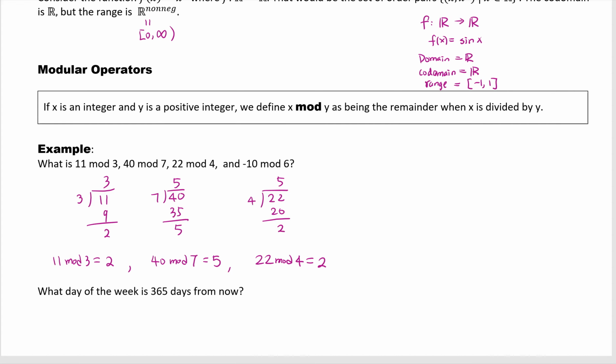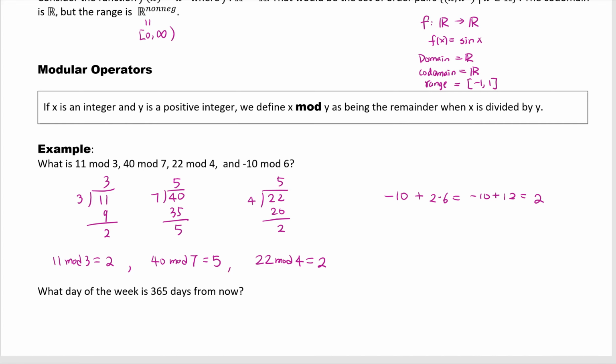And then how about negative 10 mod 6? Well, if it's a negative number, you have to be very, very careful. So negative 10, then you think about negative 10 plus multiples of 6. We realize 2 times 6 is 12, so minus 10 plus 12 equals 2. Right?